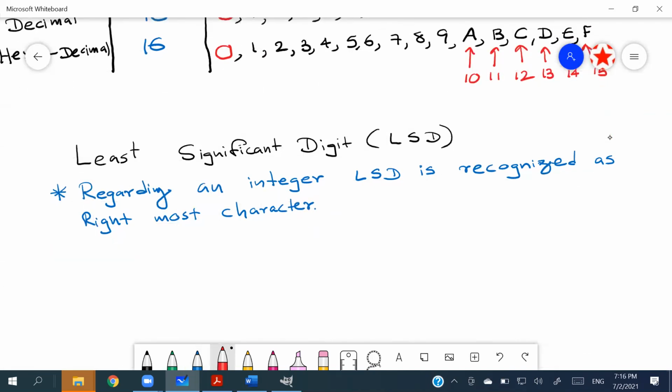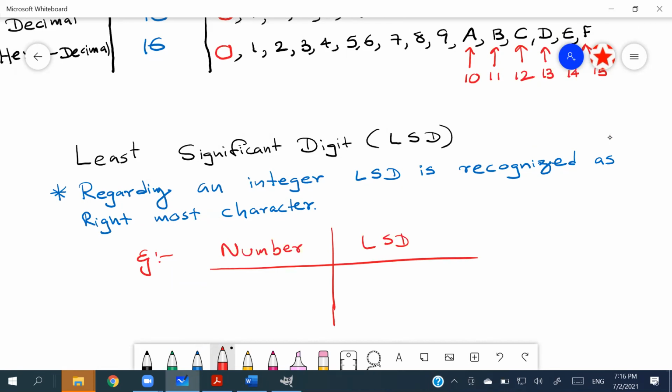So what are the examples? Let's write. I'm going to write the number over here and the LSD at the other side. If we think about a value like 25, the LSD is going to be 5. If we think about something like 250, the LSD is going to be 0, the rightmost value.